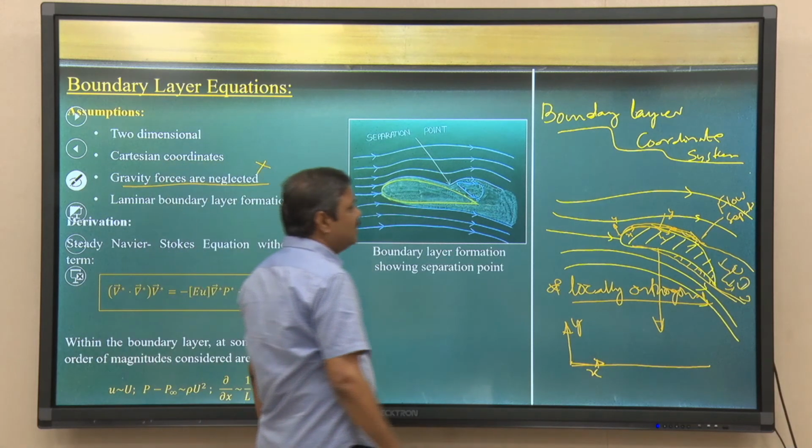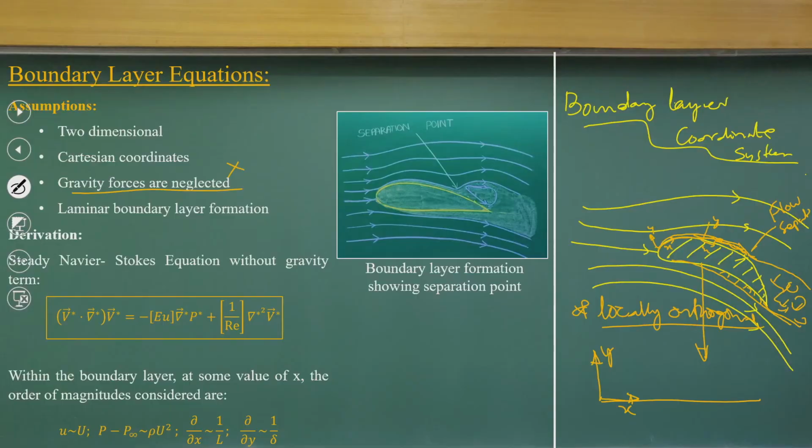That is why we neglect the gravity force component, which is quite justified, unless you have big structures, or you look at the proportion of inertia force to gravity force, which gives the Froude number. Mostly the boundary layer is a 3-dimensional thing, but for simplification we have made it 2-dimensional.